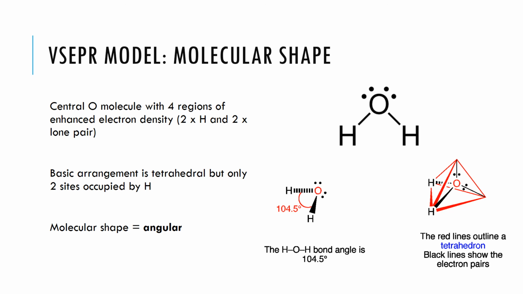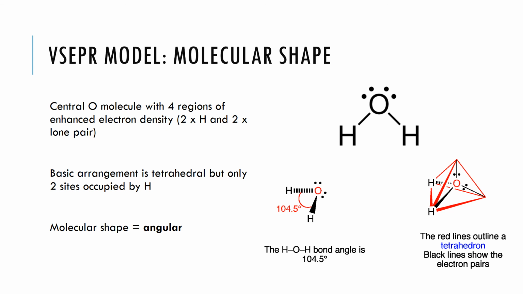Water is an interesting one. The central oxygen atom is surrounded by 4 regions of enhanced electron density, 2 of them chemical bonds, 2 of them lone pairs. The basic arrangement you would predict correctly is tetrahedral, but only 2 sites are occupied by a chemical bond between hydrogen and oxygen.